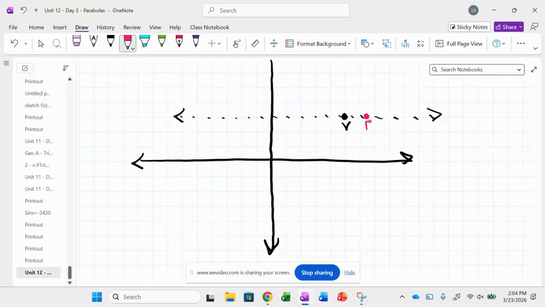Put F for focus. Our directrix is the line x equals 3.5. We have an x-intercept of 6.5.